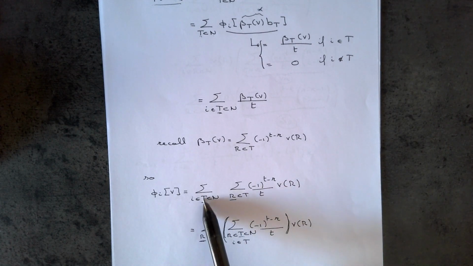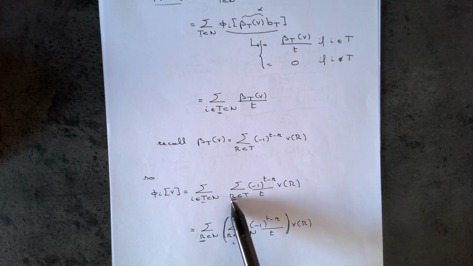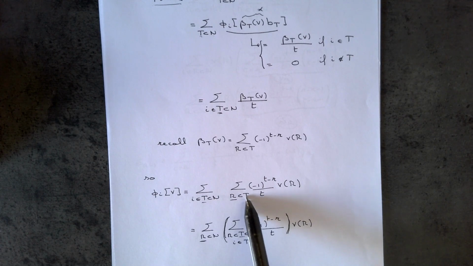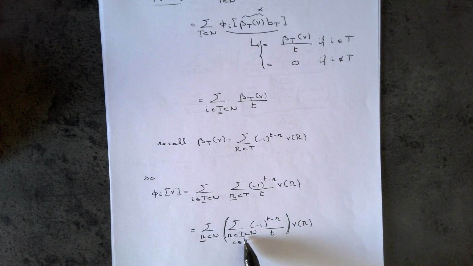Here we're summing over all coalitions T that contain i, and here over all coalitions R that are contained in coalition T. So we can exchange the summation, summing over all coalitions R in N, and then over all coalitions T that are sandwiched between R and N. The second summation is over T, and the first summation is over R. And of course, here you're only summing over coalitions T that contain i of (-1)^(|T|-|R|) divided by |T|, and then v(R) can be brought outside the brackets.